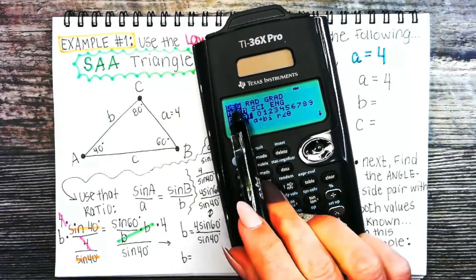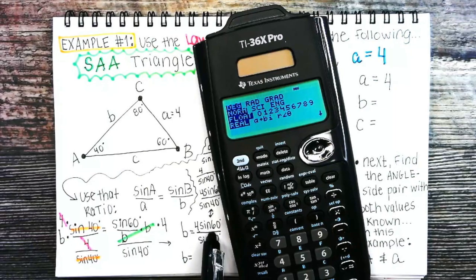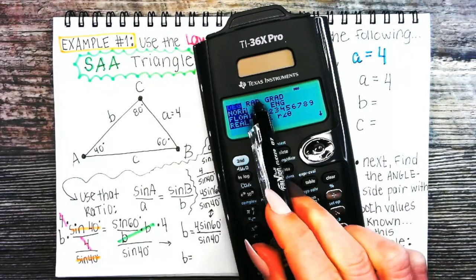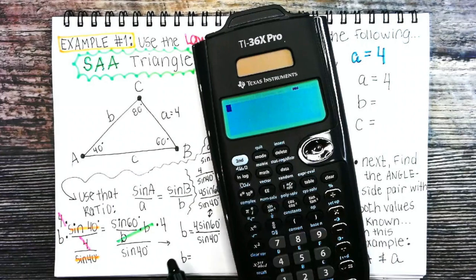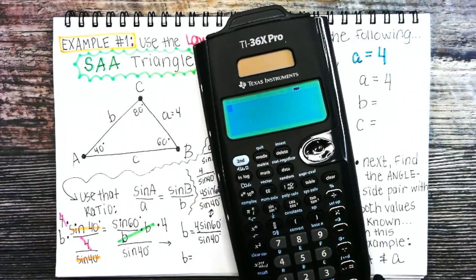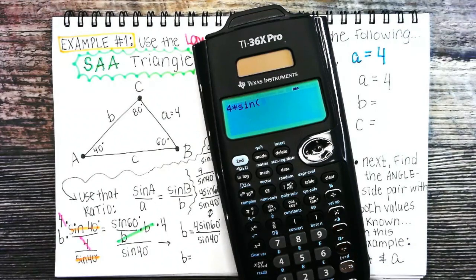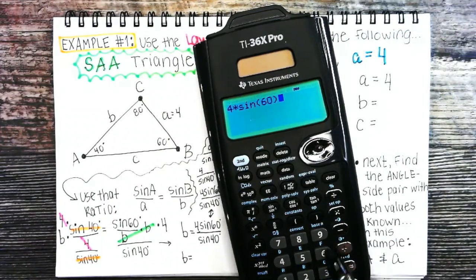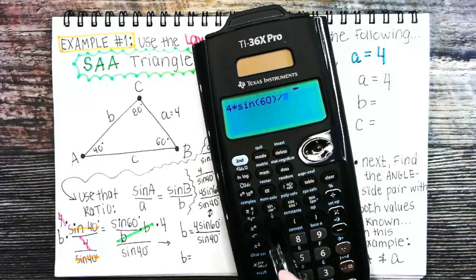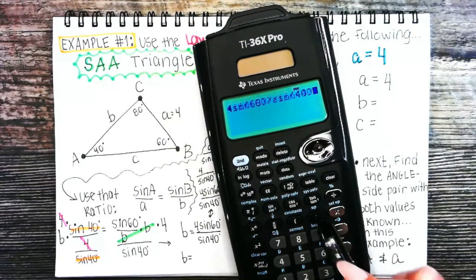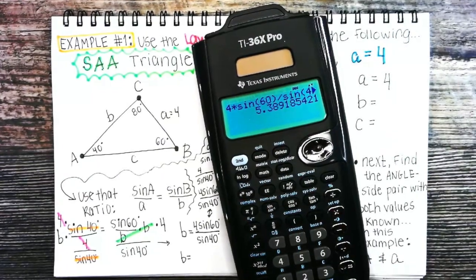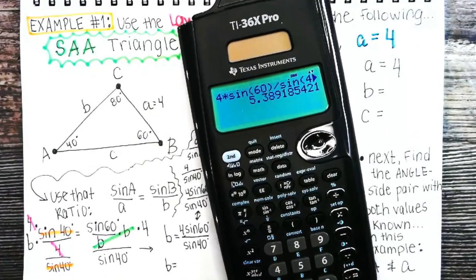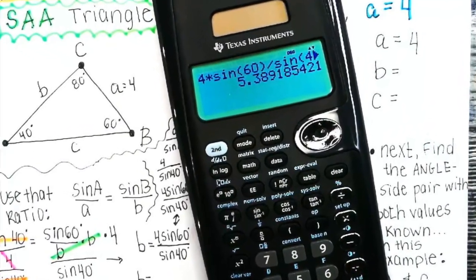My calculator is in degrees, so it's going to understand that 60 and 40 represent degrees and not radians. This is good. Now, in this calculator, I can type fairly straightforward. So, 4 times the sine of 60 divided by the sine of 40. 5.389 is the side length for side B.